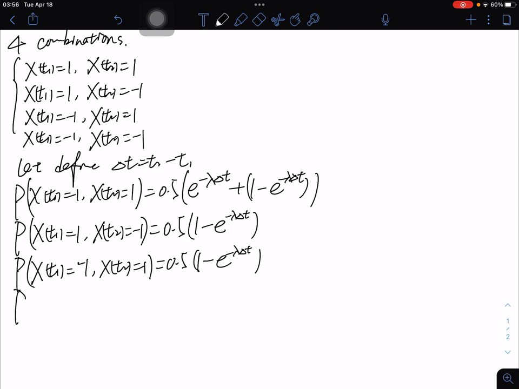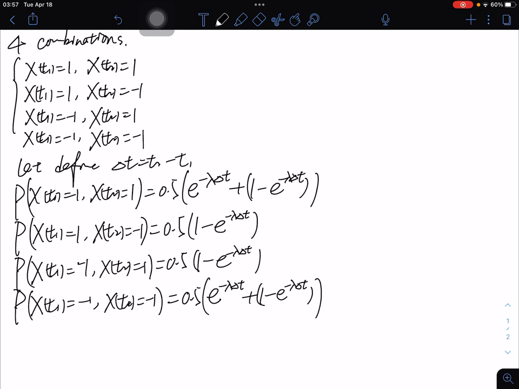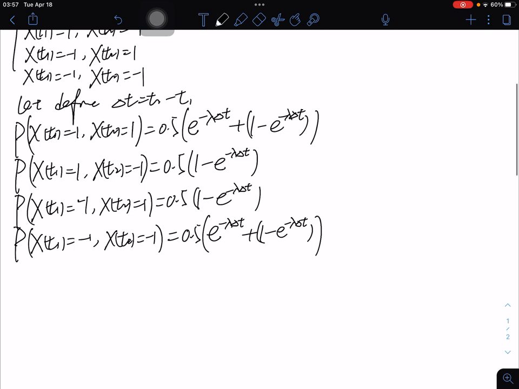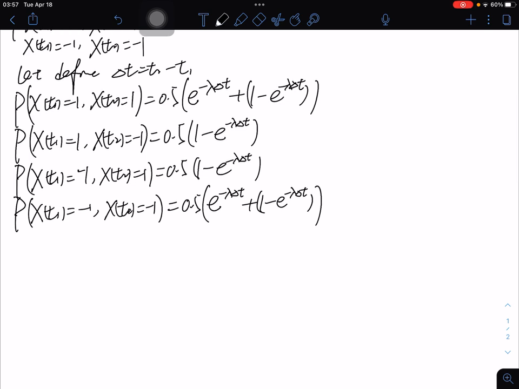And P(X(t1) = -1, X(t2) = -1) equals 0.5 times e to the minus lambda delta t plus 1 minus e to the minus lambda delta t. Right? These are the four conditions. Now let's find the joint probability distribution at the time instants t1 plus psi and t2 plus psi.